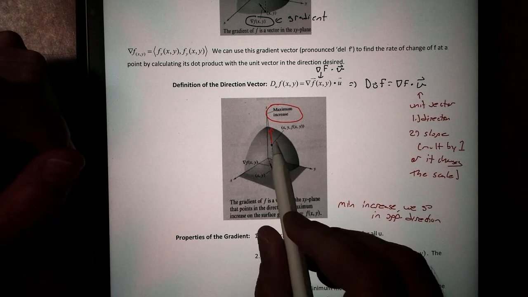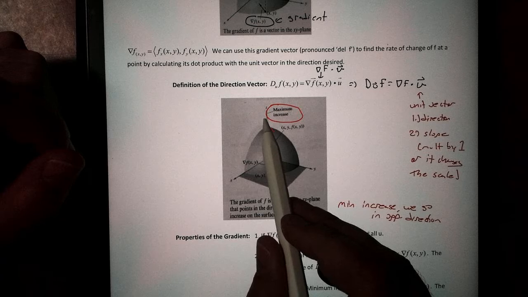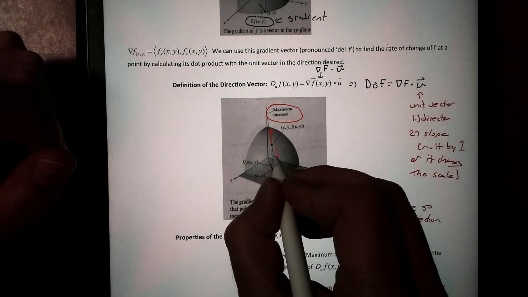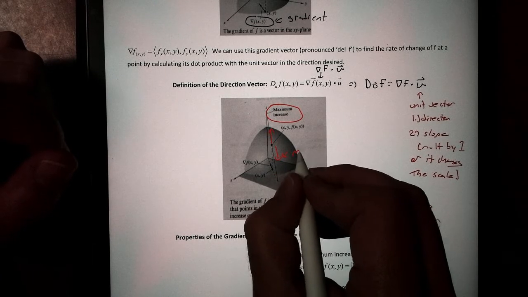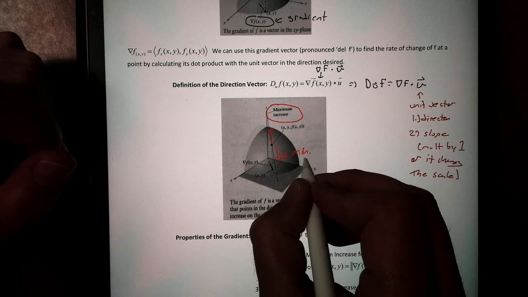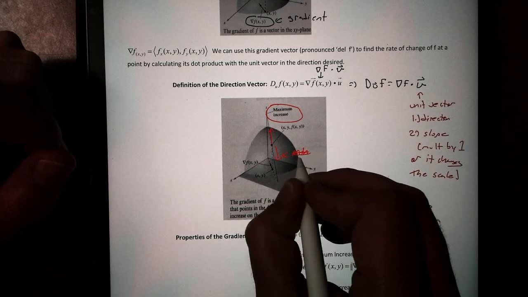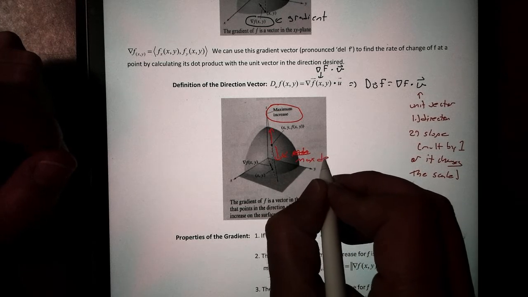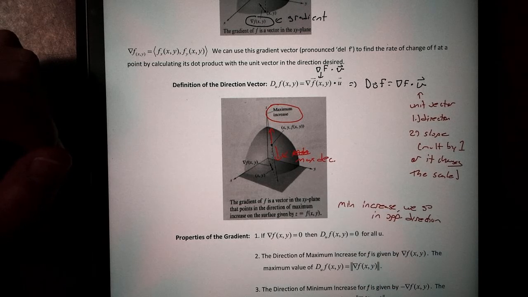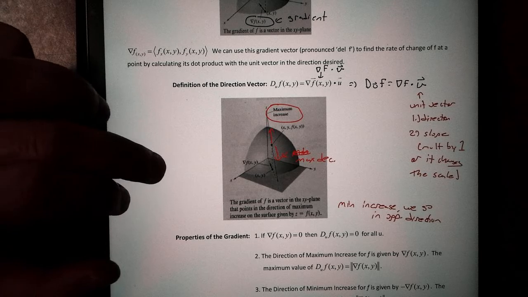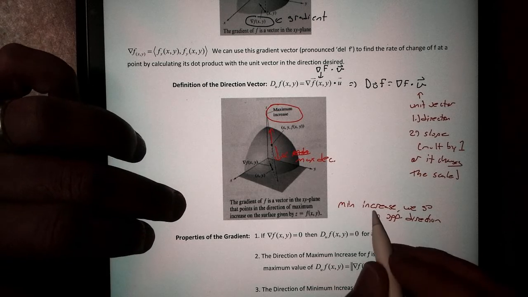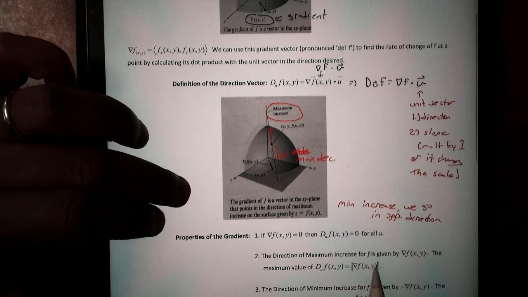If this is the greatest slope, the greatest rate of change, then in the opposite direction, this would be my maximum decrease. I probably should say it that way instead of saying minimum increase.